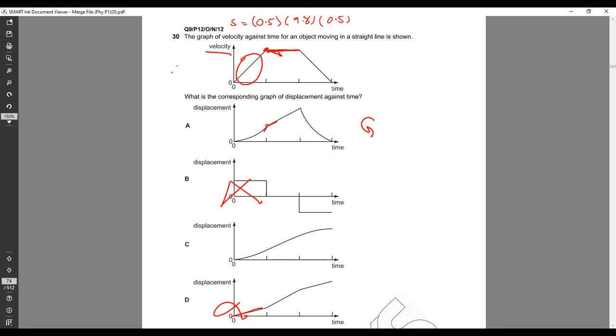The gradient is becoming less. Is that clear? Its gradient is decreasing. But look at this one. It's increasing and then it's constant. And at the end, the gradient gradually decreases. Gradient in this case is still increasing.